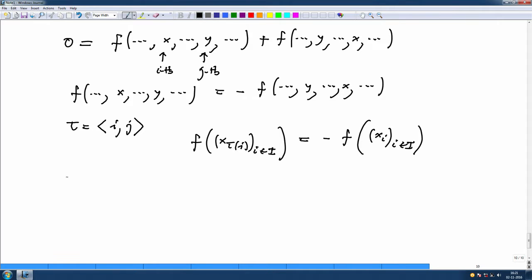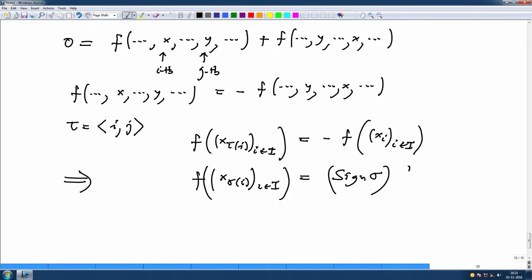So therefore it will follow, because every permutation is a product of transpositions, that f of x_sigma(i), i in I, is the same as sign of sigma times f of the original tuple x_i. That means f is skew symmetric.